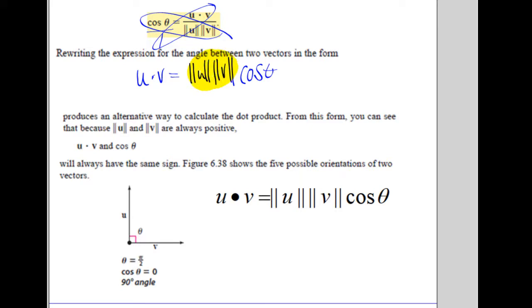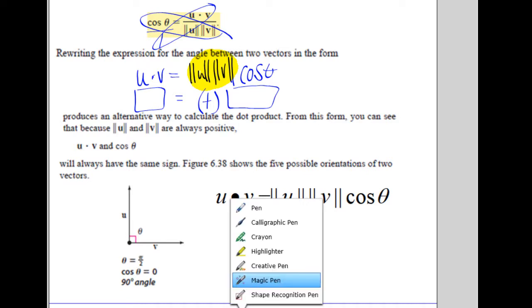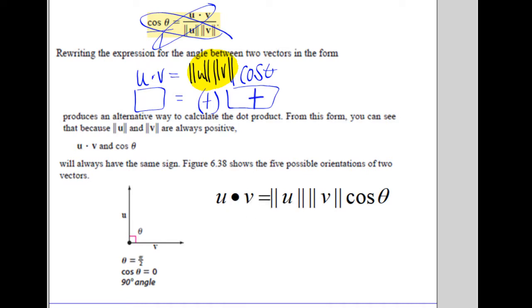Think hypotenuse of a right triangle. So whatever cosine is will dictate whether u dot v is positive or negative. If cosine is positive, a positive times a positive means u dot v must be positive. But if cosine of theta is negative, a positive times a negative means u dot v is going to be negative.